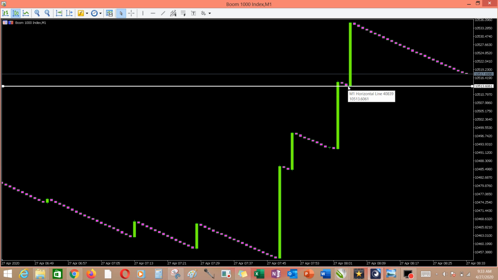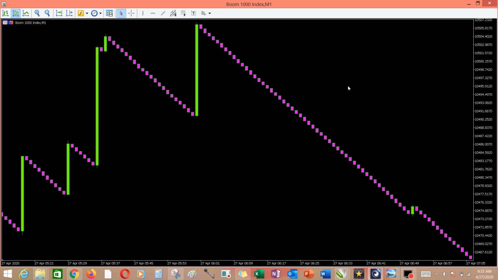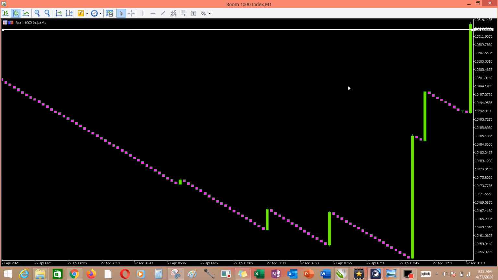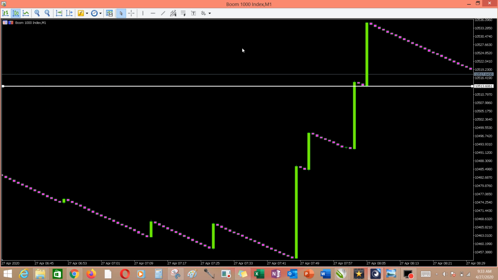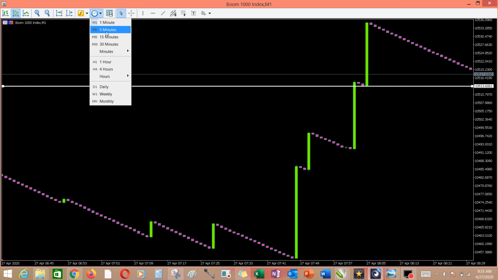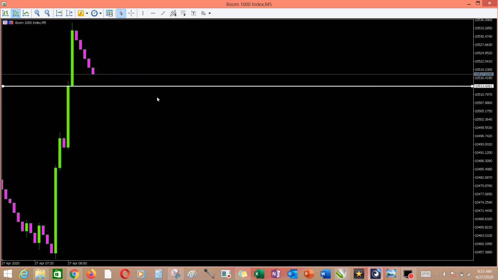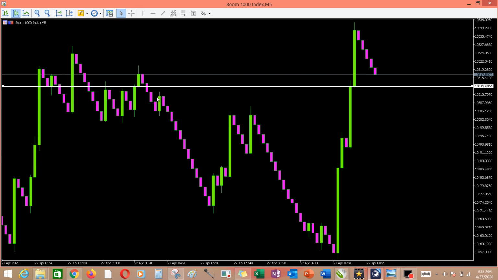The spike that happened there, you'll be thinking there is no support level here, but if you scroll back a bit or take it down to 5 minutes, you should be able to see it effectively. Take it down to 5 minutes and you will see there is a support level here.